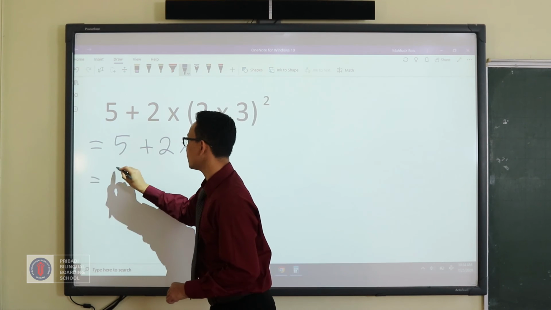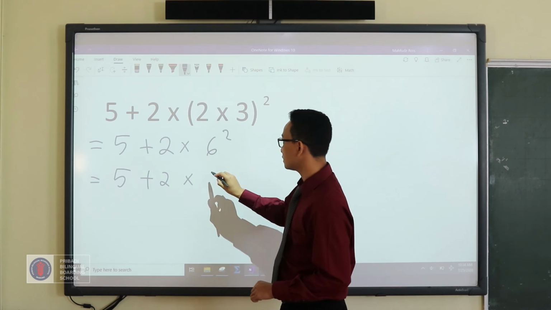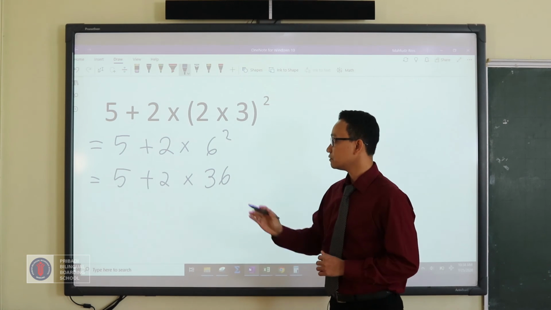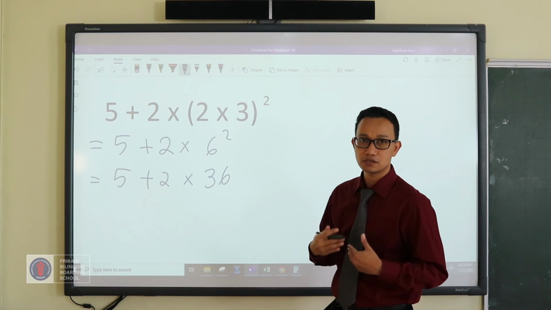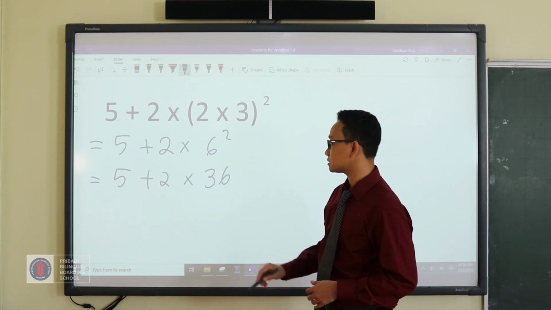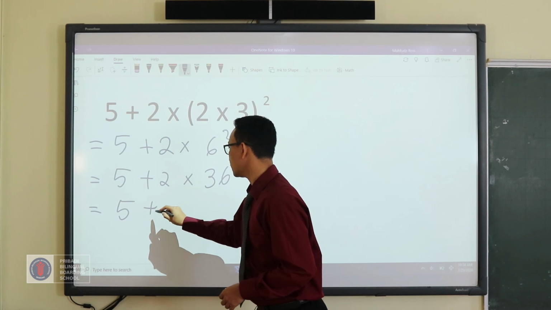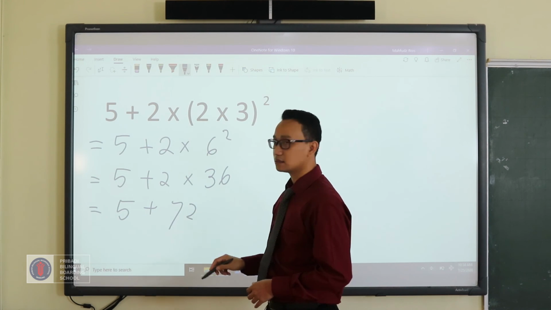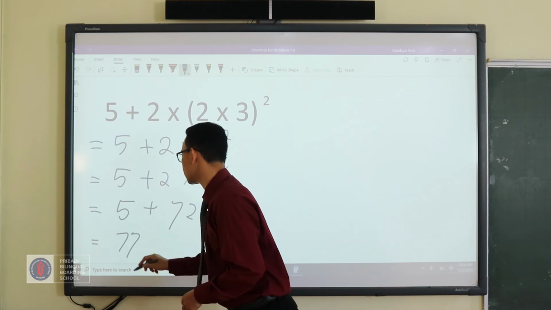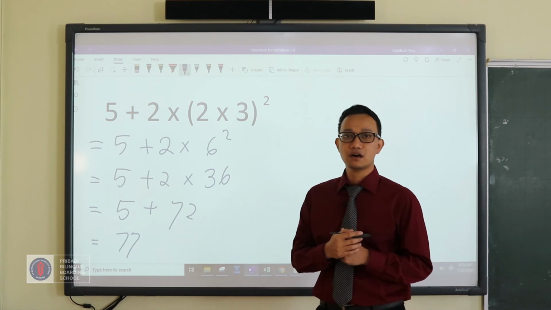And then we can rewrite again as 5 plus 2 times 6 squared, which is 36. So what to do now? We have addition and multiplication. Of course, we do the multiplication. 2 times 36, how many? It's 72. And then you add 5, it will be 77.